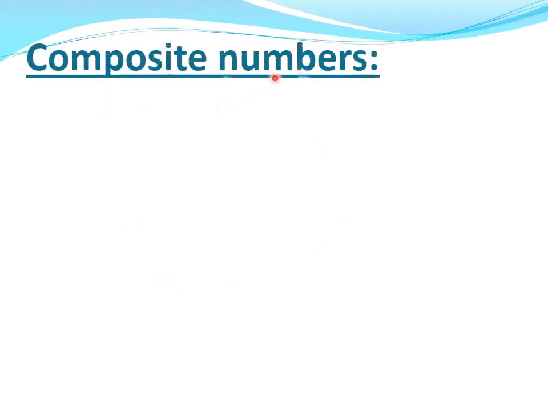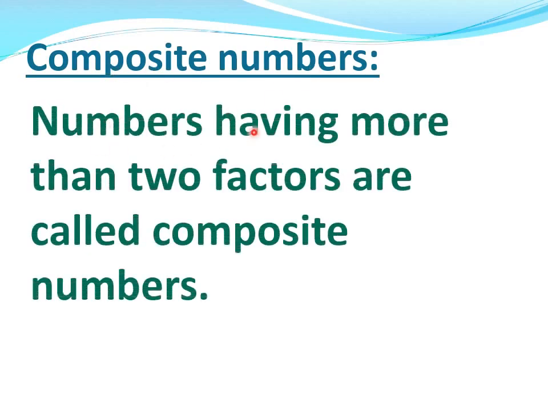Composite numbers. What are composite numbers? Numbers having more than two factors are called composite numbers. I will explain you an example.